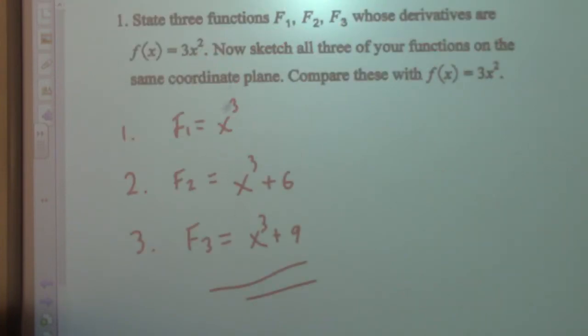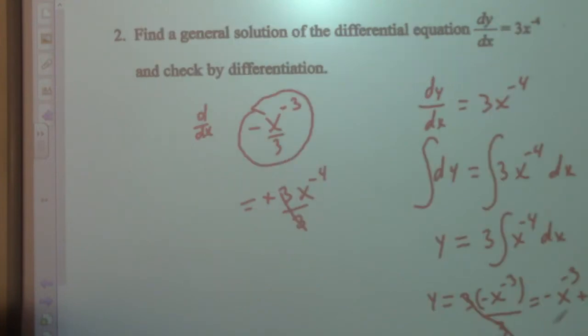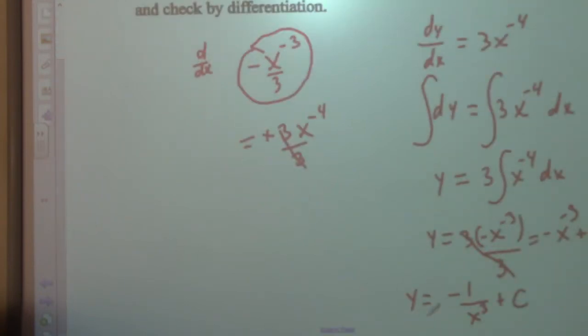It could be the derivative of any one of these things. For this particular one, there's some constant you don't know, that when you take the derivative of this whole thing, you're going to end up with this. So this right down here is going to be our answer to this.